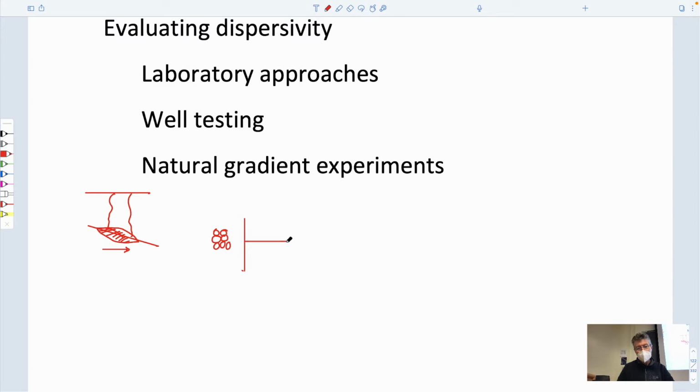If you put a blob of ink in a beaker or in a porous medium and look at the concentration profile in space, so this is C over C0, and you allow this flow to go downstream, then all the individual components spread out.